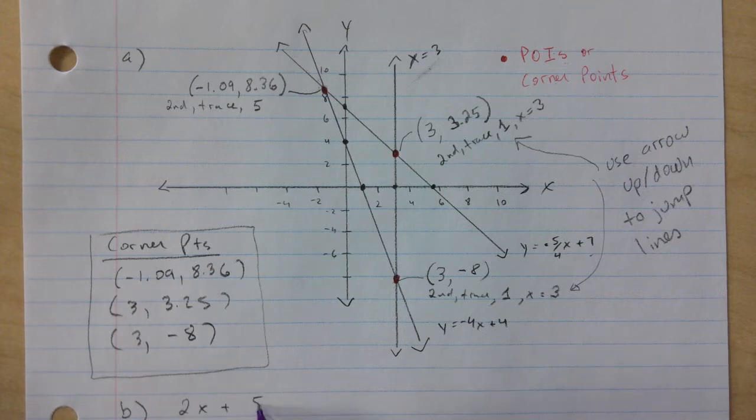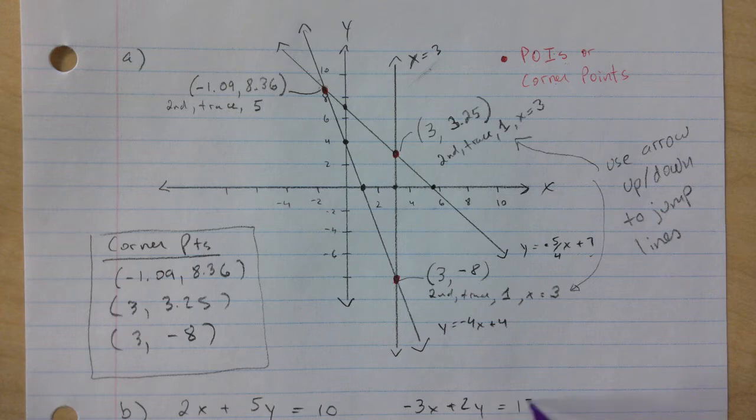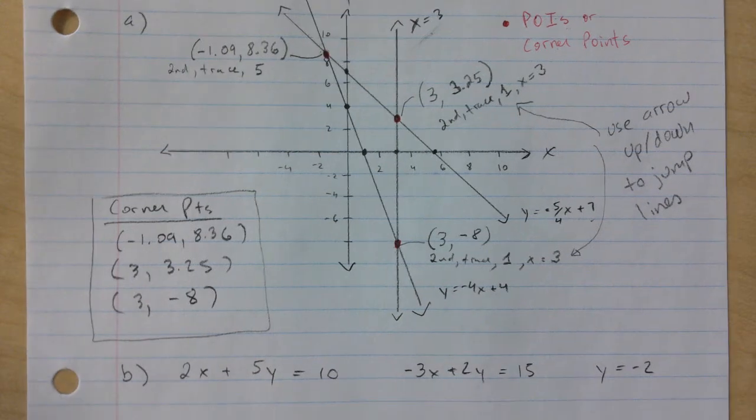I'm going to write down the next system we will be doing. Okay, so there's our next system. We're going to go through the steps, rewrite them, find the x-intercepts, all intercepts, and then we'll graph them accordingly, okay?